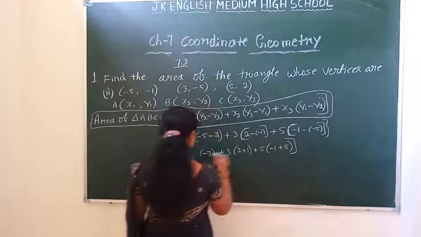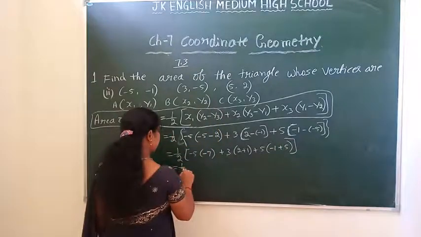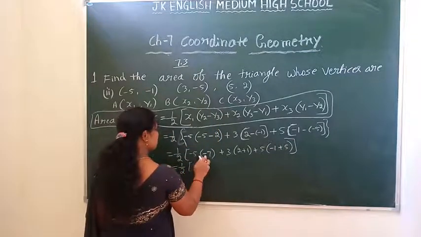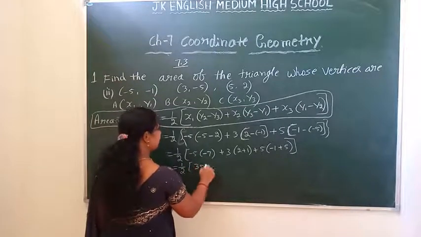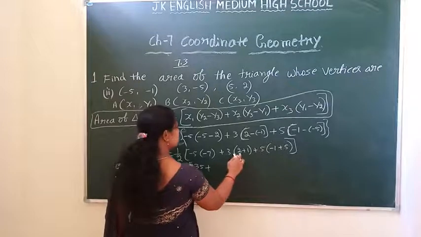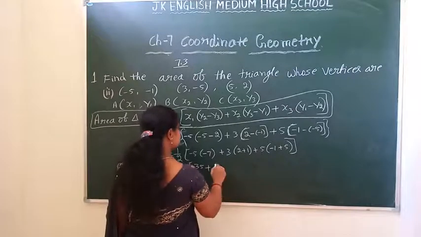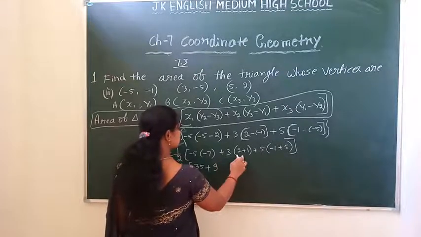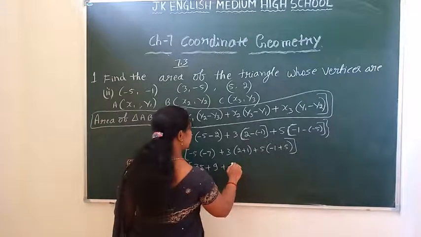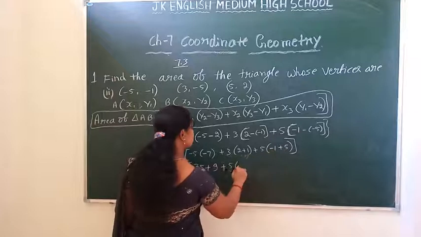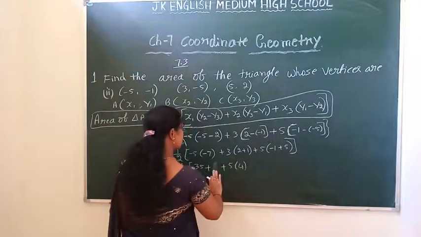Then you can simplify further. 1 by 2, minus 5 minus into minus plus, 5 sevens are 35, plus 3 3s are 9 it becomes. You understood now? Then plus 5, minus 1 is 4. Here also you can write it, no problem.